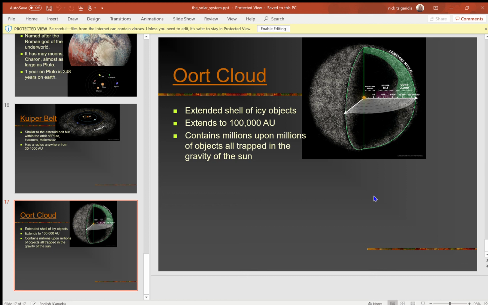So we are talking about a very, very far distance out there. And so this contains millions upon millions of objects that are all trapped by the sun's gravity, but are not moving very quickly because they are so far away. And so a lot of our comets might come from here. As you can see in the image, we get cometary nuclei that are all out there surrounding our sun in all directions. And that is the Oort cloud.